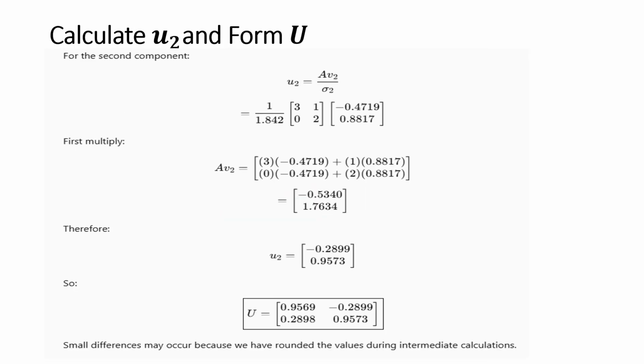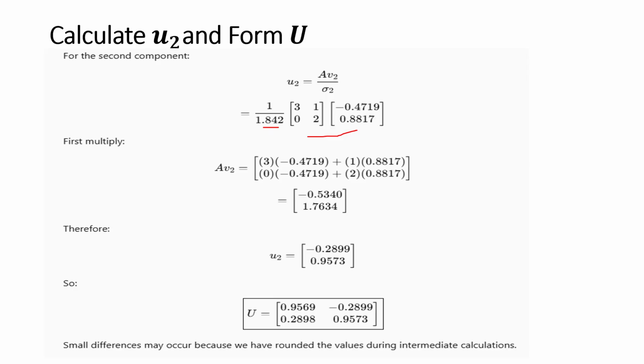In u2, the sigma 2 will be the second eigenvalue and A remains the same, and v2 is the second column of the matrix V. First you multiply these two and then you divide the result by the second eigenvalue. So you will get u2 also.